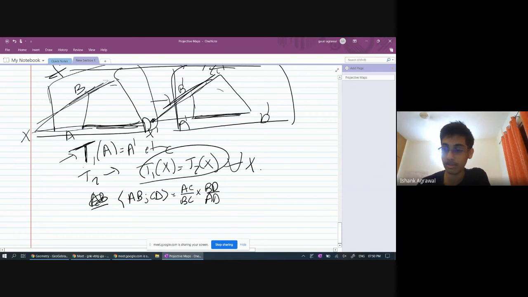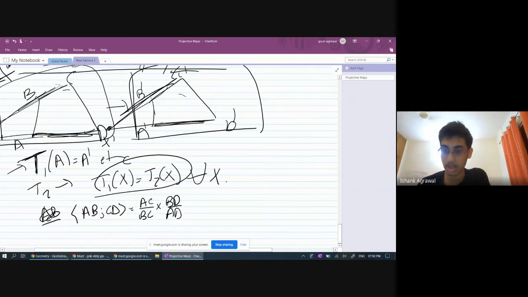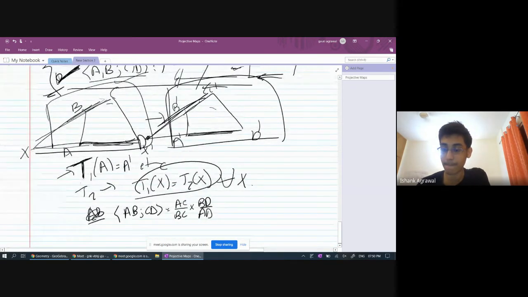Does that make sense? Why X would map to X dash? Okay. And so now we know that this line maps to this line, and we know 3 points lying on that line. So therefore, every single point on this line must be uniquely defined. Does that make sense?